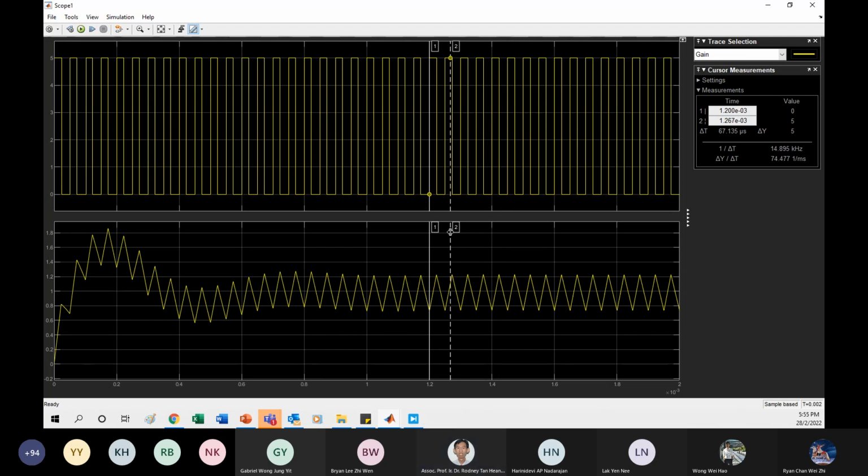Here, you can actually measure the magnitude of this ripple current. 1.2, all right, to here is 1.2.